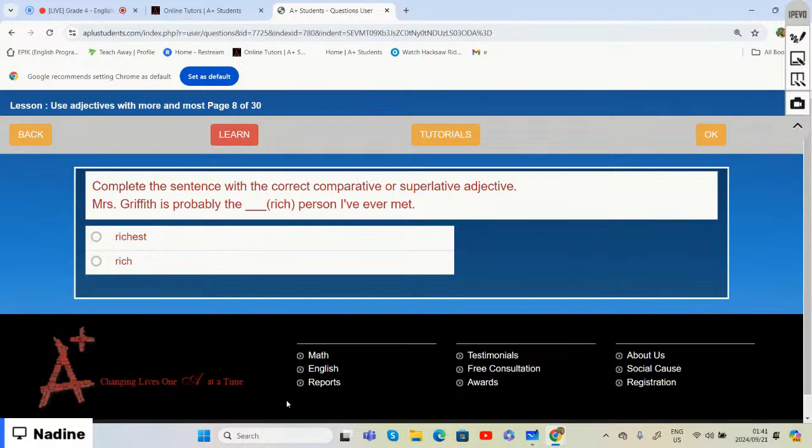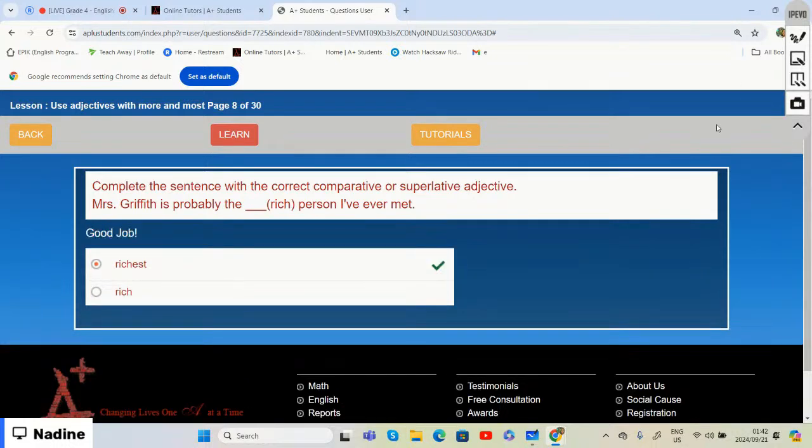And if we were to choose our correct option, by stating whether it's a comparative adjective or a superlative adjective, we can say Mrs. Griffin is probably the richest person I've ever met. Richest.